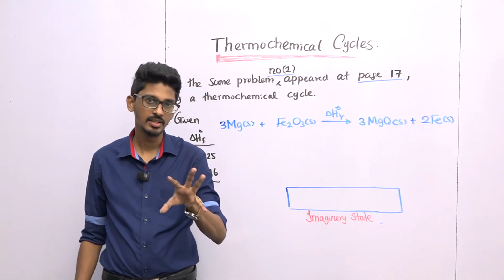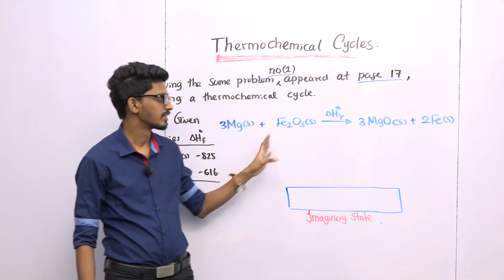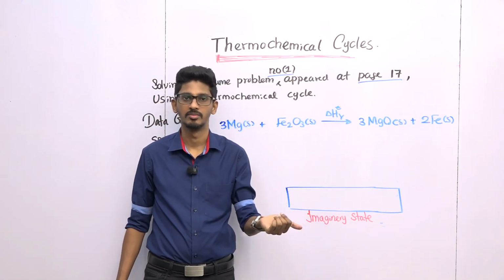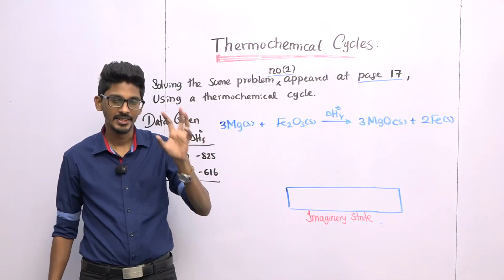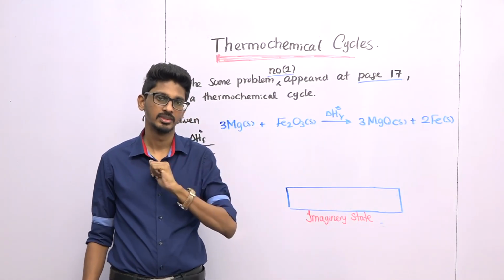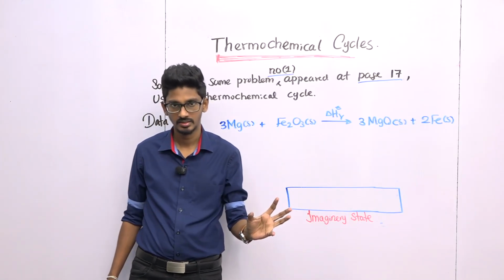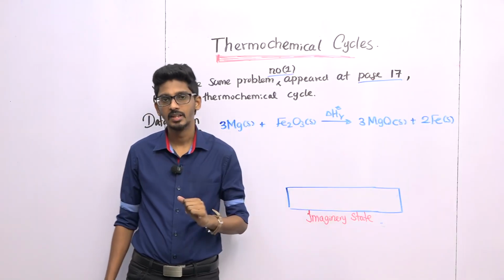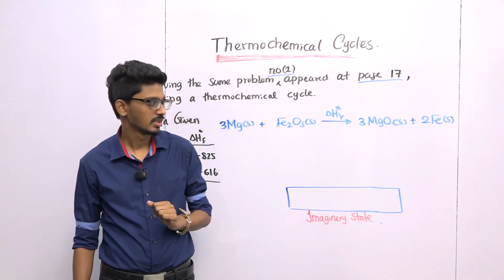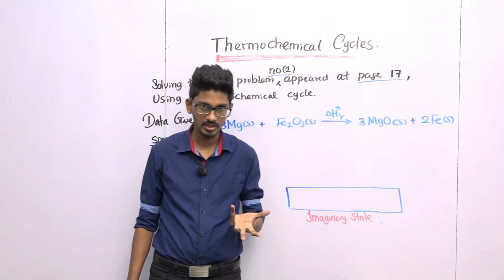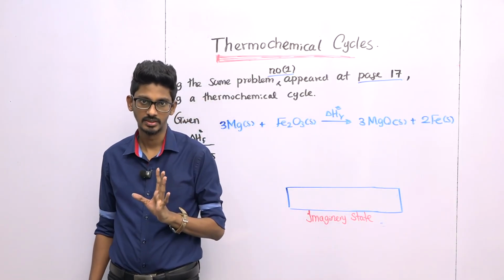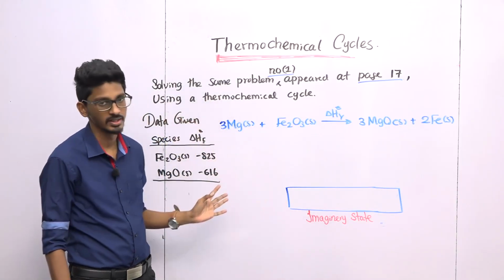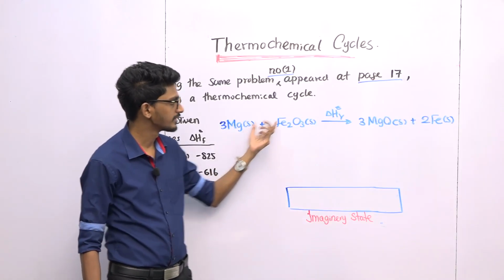So in a thermochemical cycle, we are discussing the different states of the same closed system. That means all the 3 states.